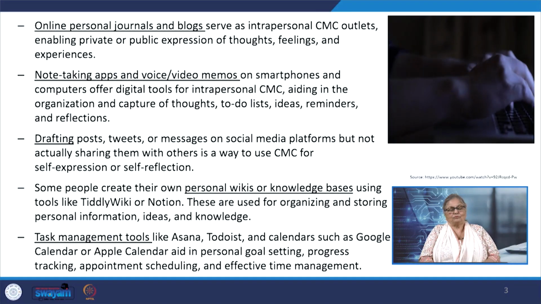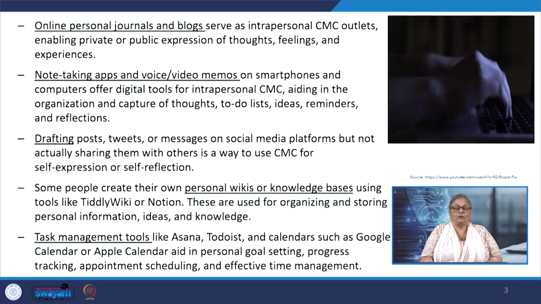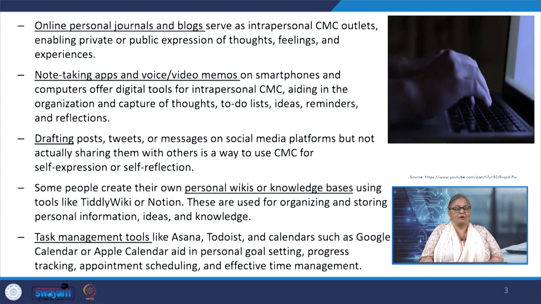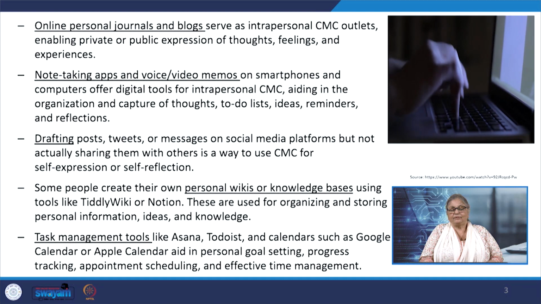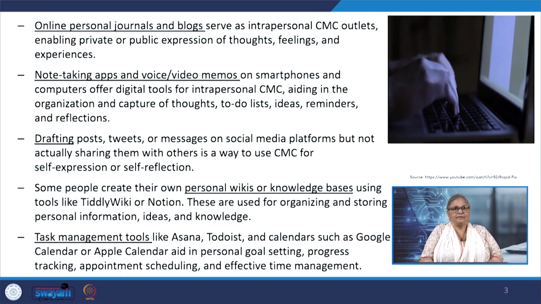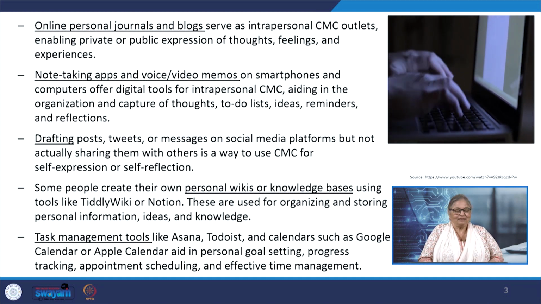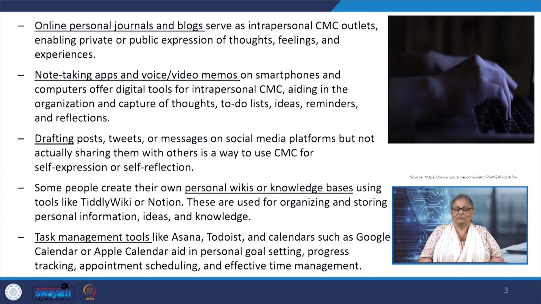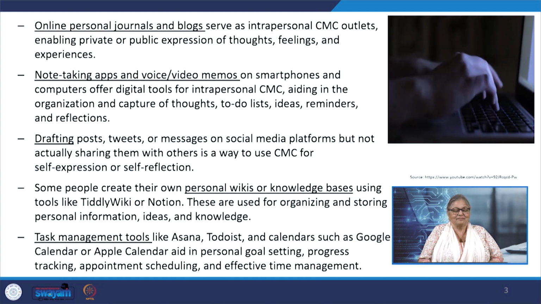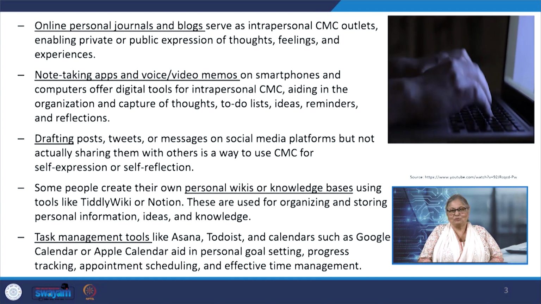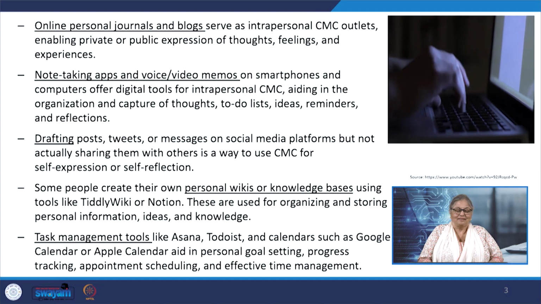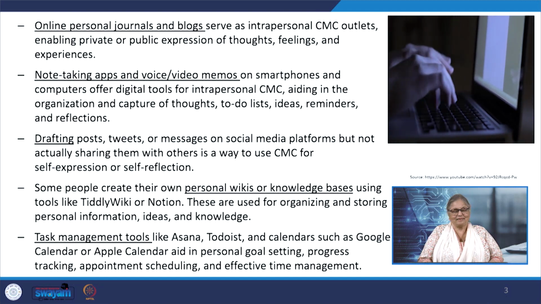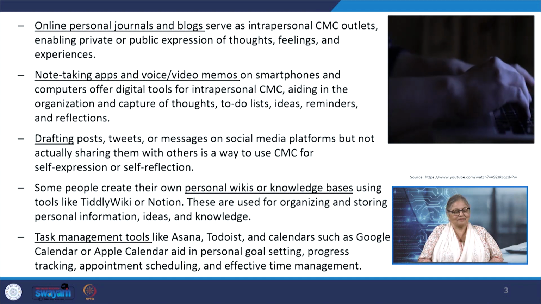We can refer to online personal journals and blogs as an example of intrapersonal CMC outlets. They enable private or public expression of thoughts, feelings, and experiences. Similarly, note taking apps and voice or video memos on smartphones and computers also offer digital tools for intrapersonal CMC, aiding in the organization and capture of thoughts, to do lists, ideas, reminders, and reflections.